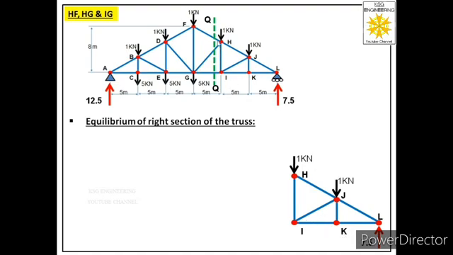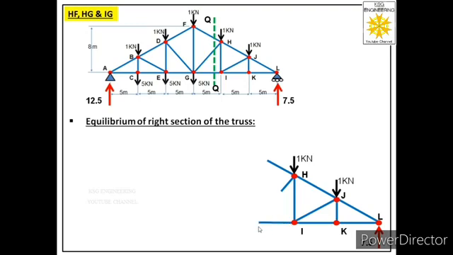After that, we will represent these cut members. And we have represented external forces at joints H and J, and we have shown the reaction at L also. Now let us represent these 3 cut members. So this is member HF, this is HG, and this is IG.